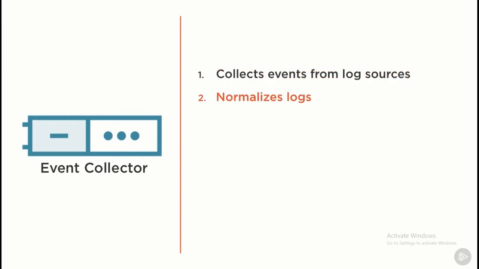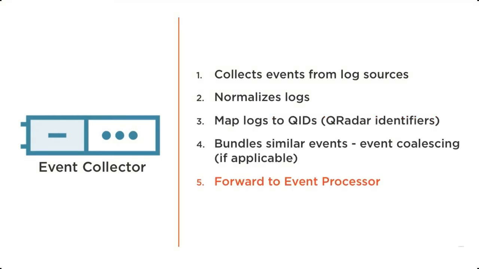After collecting logs from sources, the event collector normalizes the logs and puts them into predefined fields, such as timestamp, source IP, destination IP, host name, and so on. Then QRadar maps the logs with the QID, which is the QRadar identifier. Each log type has a QID. A failed authentication has one QID and a successful authentication is another QID, and so on.